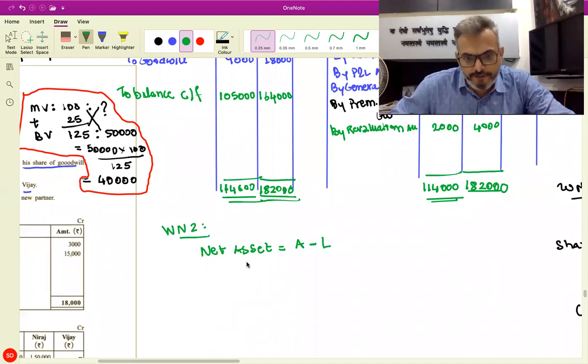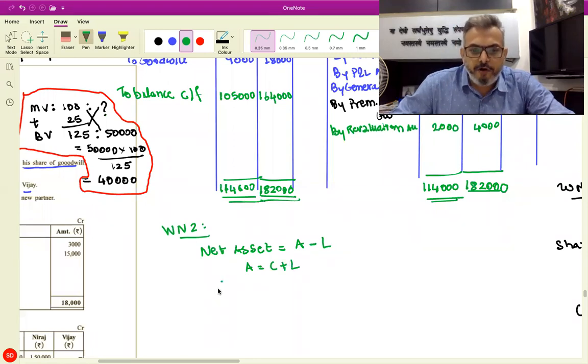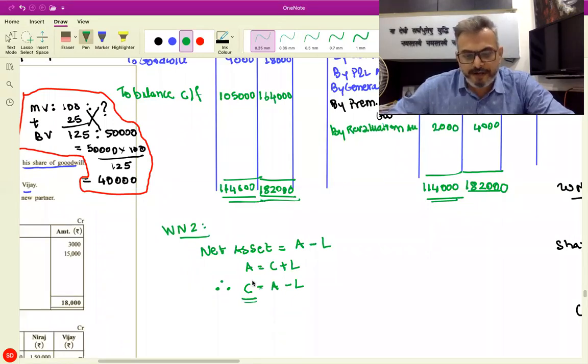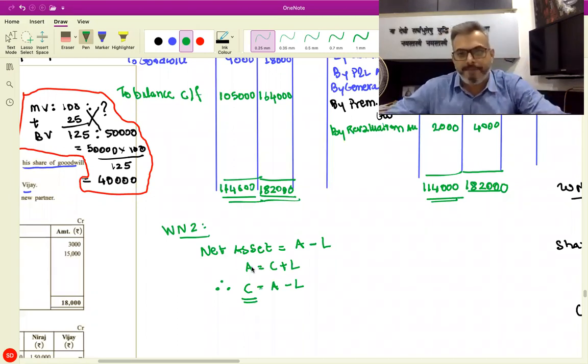You remember the formula A is equal to C plus L. Therefore, capital is equal to asset minus liability. So over here, ये जो capital है, which is our net asset, you say net asset या capital.